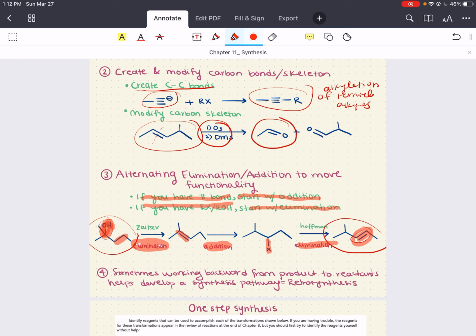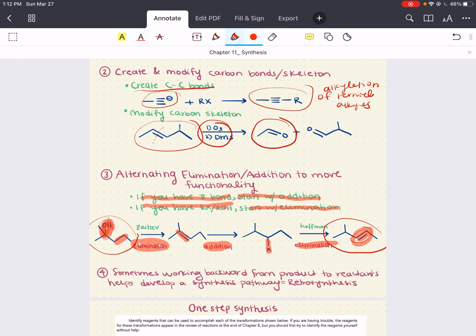One last thing to note before we jump into a bunch of practice problems is sometimes if you're given a starting material and an end product and you're told to develop a synthesis pathway to go from starting material to end product and you don't know where to start, sometimes it's good to work backwards. Start from the products and work backwards to the precursors.